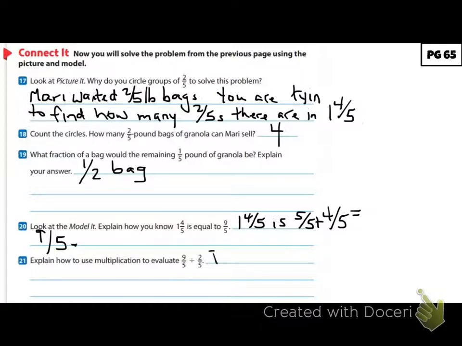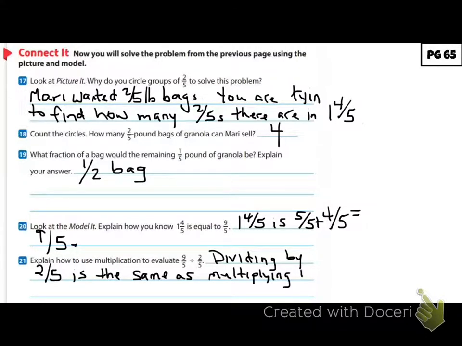Well, dividing by 2/5 is the same as multiplying by its R word, reciprocal. Bang. We're going to move on to 22.